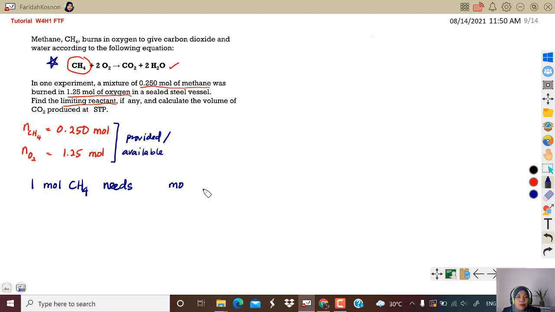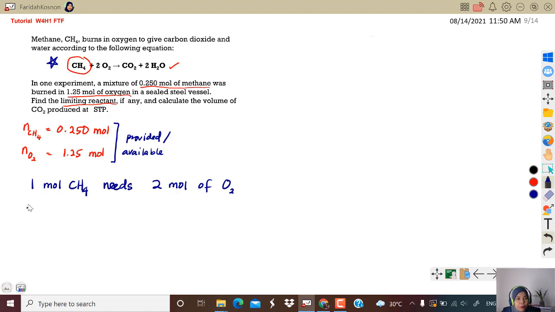So you may refer to the given equation, 2 mole of oxygen gas. Okay, 1 mole methane memerlukan 2 mole oxygen gas. So dapat daripada mana? Daripada balanced chemical equation.